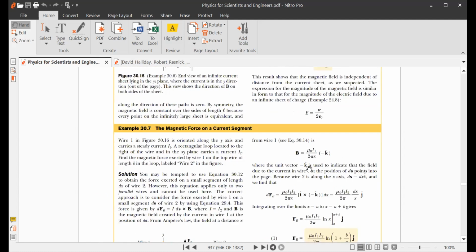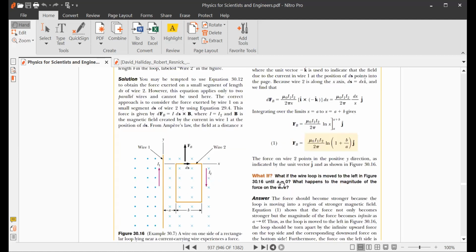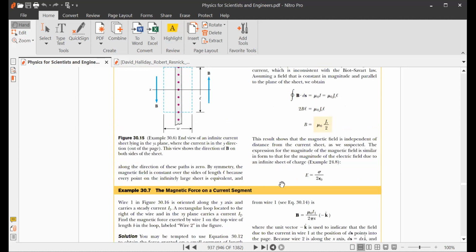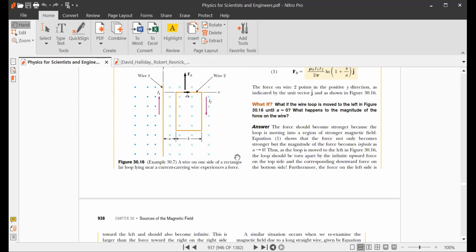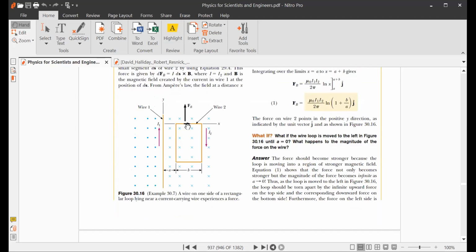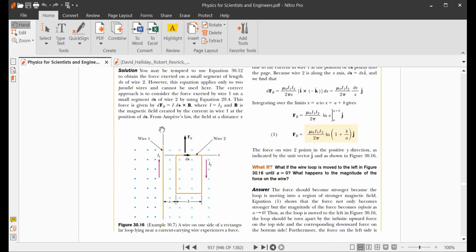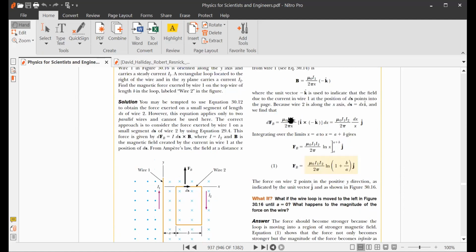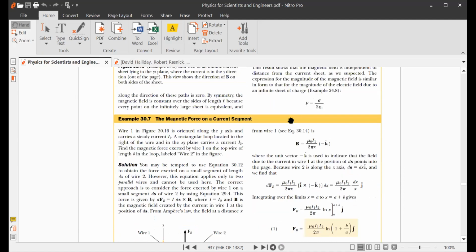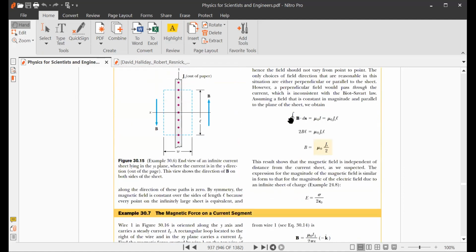And you can see that this is the magnetic force on a current segment. This is the current segment here, this rectangle, and it has current I2. The current flows through this wire segment. This is wire 1, and this is wire 2. So for the magnetic force, let's say this B first.